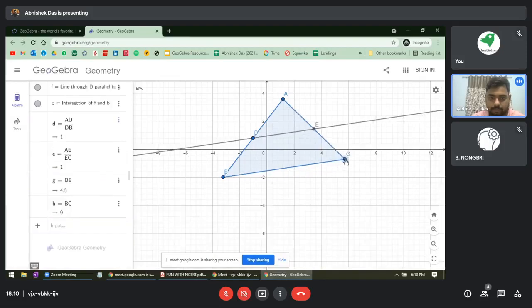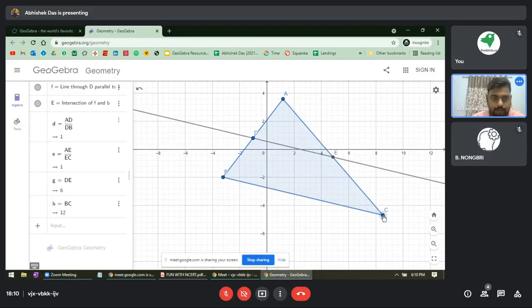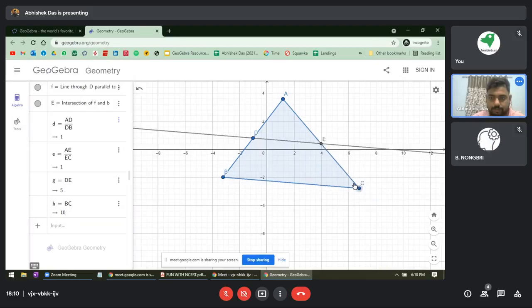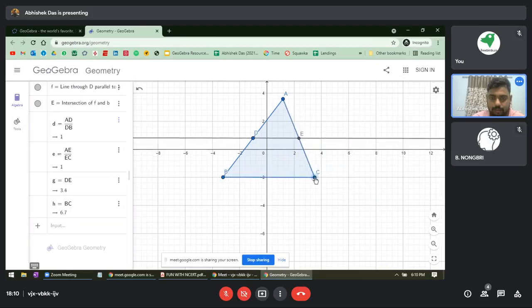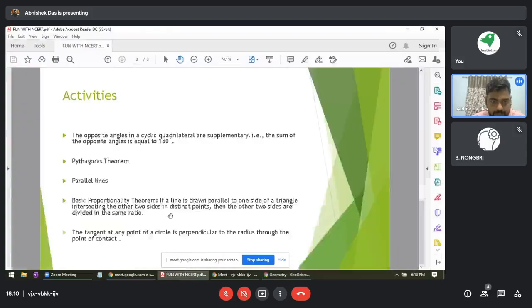Now let's see if it is true for other cases. Right? You can see 5.7, 11.3. So we can also prove the midpoint theorem using GeoGebra. Then let us look at another one.